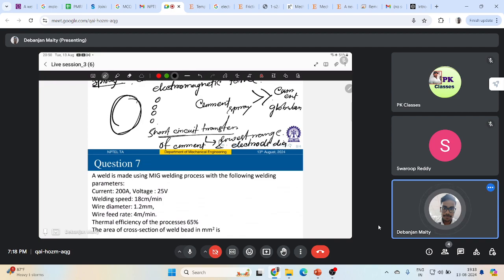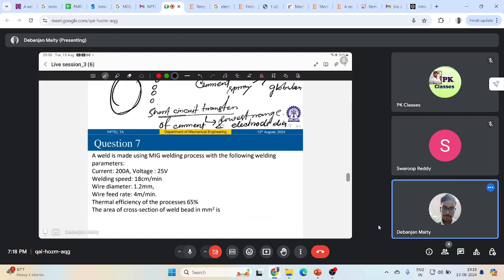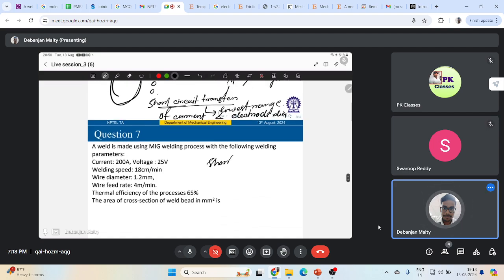So basically, it will be producing a small and very fast freezing weld pool that will be desirable for welding thin sections. So short circuiting transfer is desirable for thin material joint.